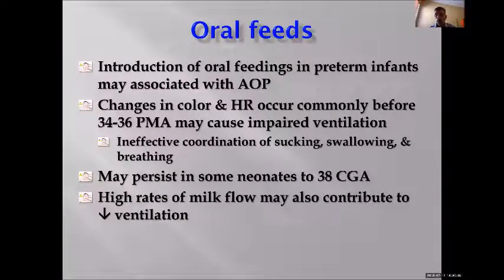Also, when the baby starts to breathe or to feed, there might be a ventilation issue, and then a drop of the oxygen. And as we know, hypoxia is a cause of apnea in premature babies.